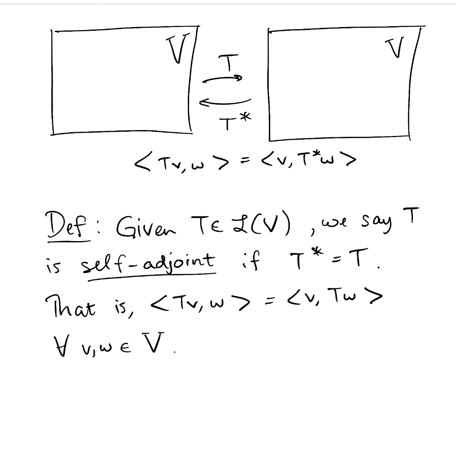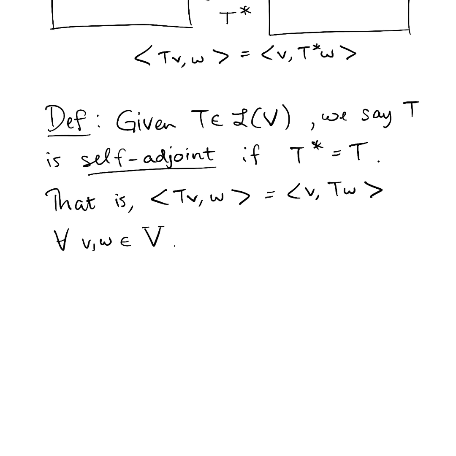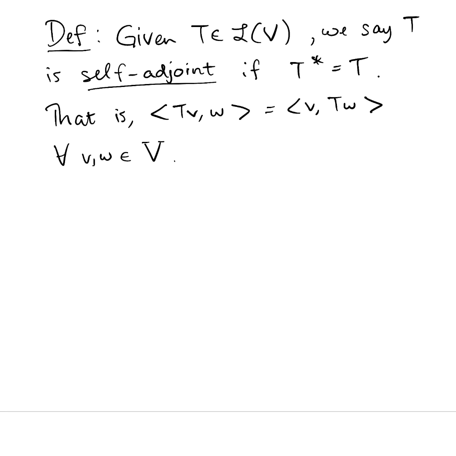So sometimes T star turns out to be T. These self-adjoint operators come with all sorts of additional structure that will allow us to study them much more definitively than some arbitrary operator on an inner product space. And the last order of business today is to make a little observation along those lines.